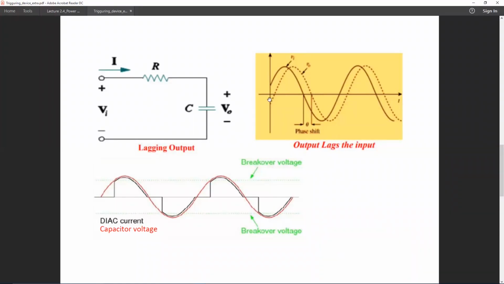So you can clearly see that this is the delay angle of the trigger. Again, this delay angle is further increased by the amount of resistance. So the theta will also increase, and this delay angle will also increase with the increase in capacitance or the decrease in resistance.